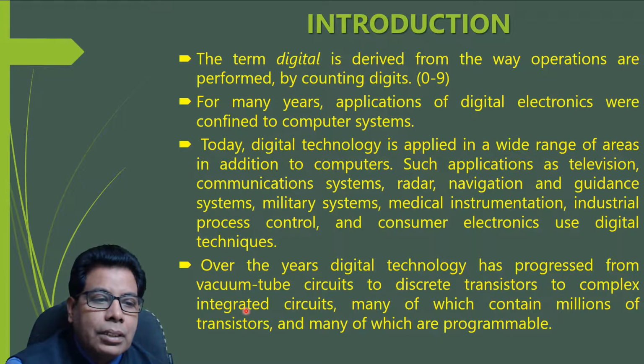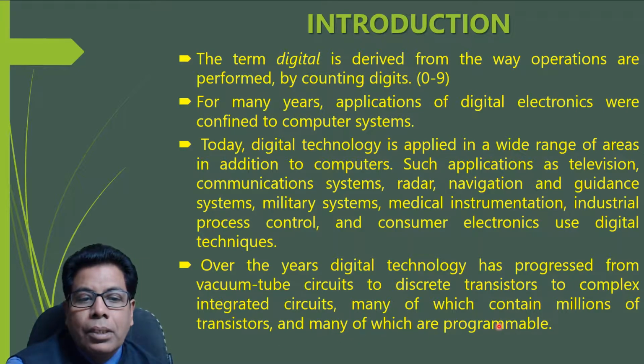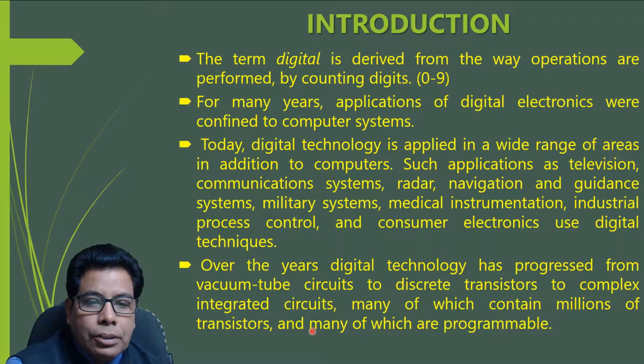And then we came to the integrated circuits, the ICs, many of which contain millions of transistors in a single chip, and many of which are programmable. So that is what digital technology has moved to. The ICs are programmable. You'll see the programming in future videos.